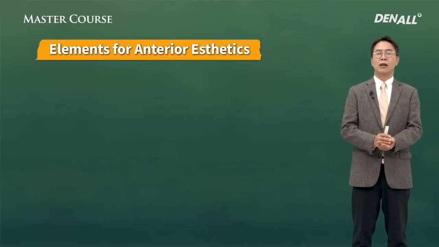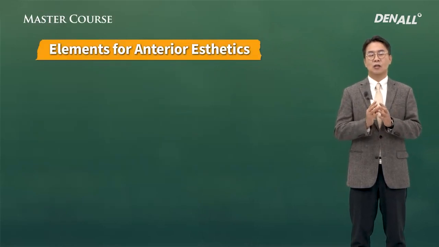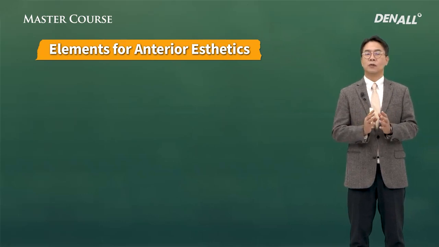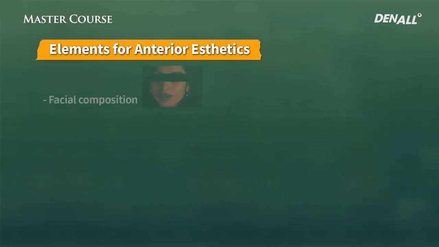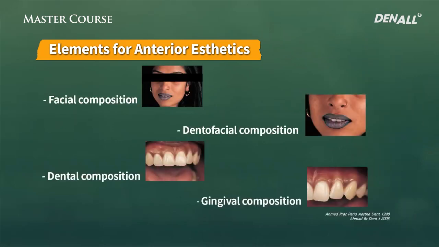Before that, let's talk about the four aesthetic components in the upper anterior: facial composition and dentofacial composition, dental composition, and gingival composition. I'm going to talk about teeth and gingiva today.